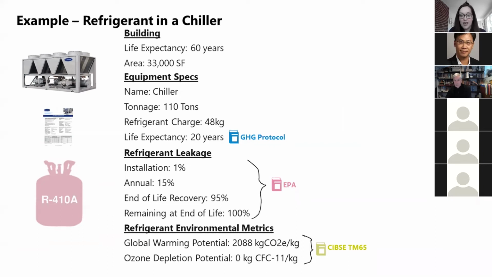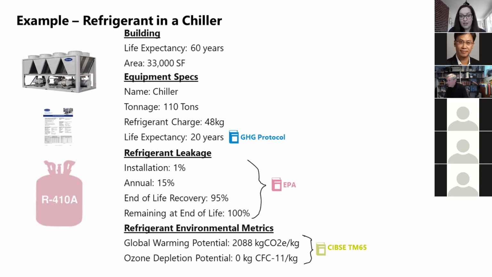The area of this building is about 33,000 square feet. If we're looking at one chiller whose cooling capacity is 110 tons, let's say the refrigerant charge is 48 kilograms of R410A. The life expectancy for this chiller is about 20 years per GHG Protocol.